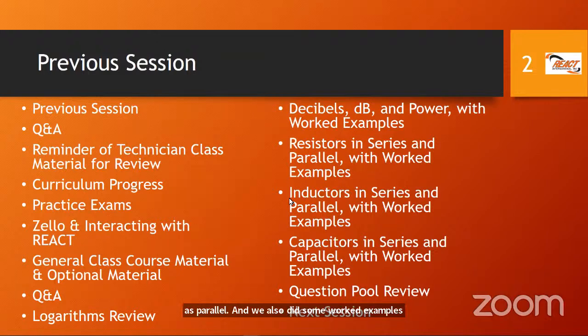Then we discussed inductors, similarly in series and parallel, with worked examples. And then we ended the technical session with a discussion on capacitors in series and parallel, also with worked examples.